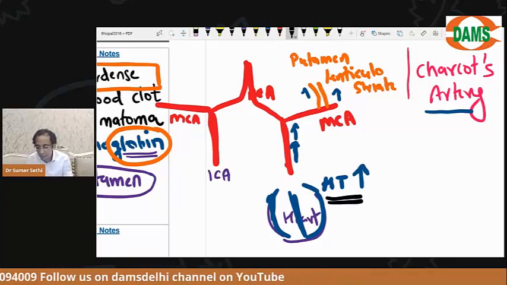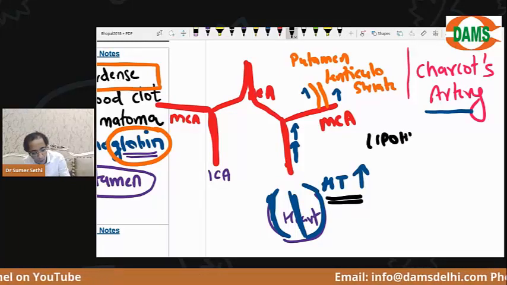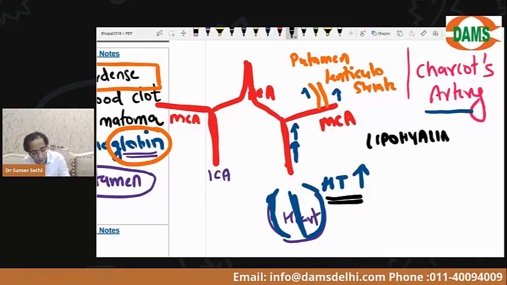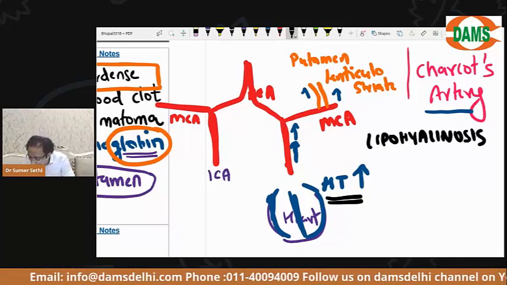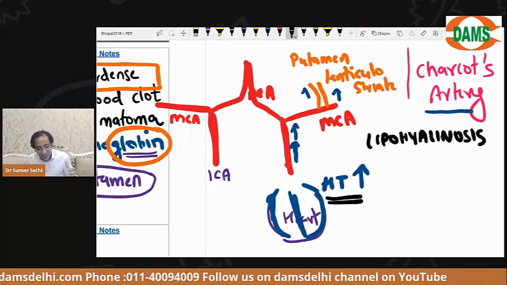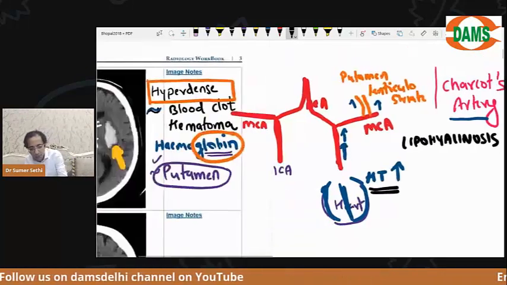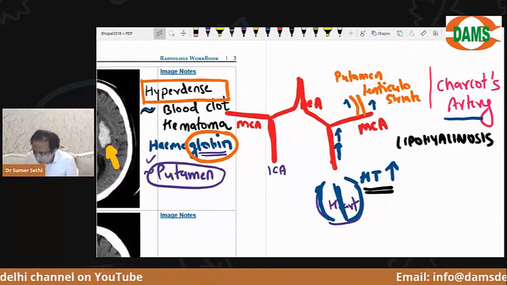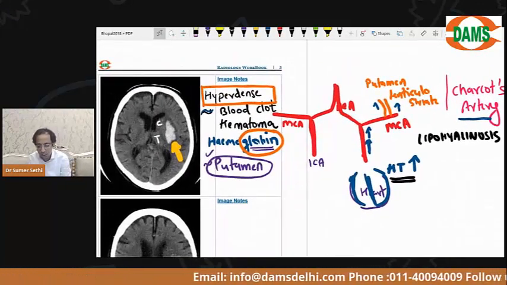And because of that, these arteries undergo lipohyalinosis. Because of repeated exposure to high blood pressure, they undergo degeneration, and then they rupture, the Charcot's artery ruptures and leads to hemorrhage in the putamen. And that is why putamen is the most common site of hypertensive bleed in the brain.